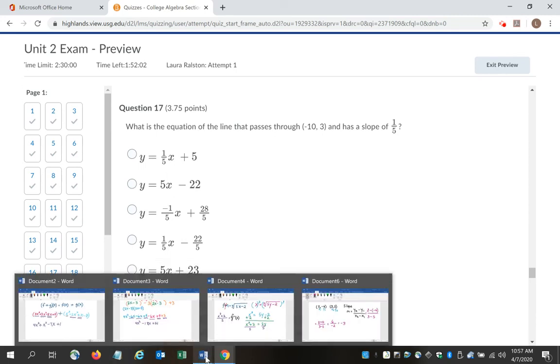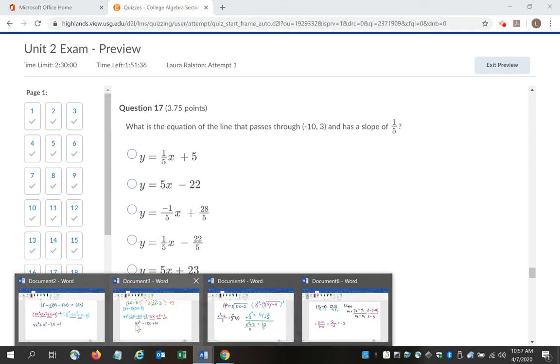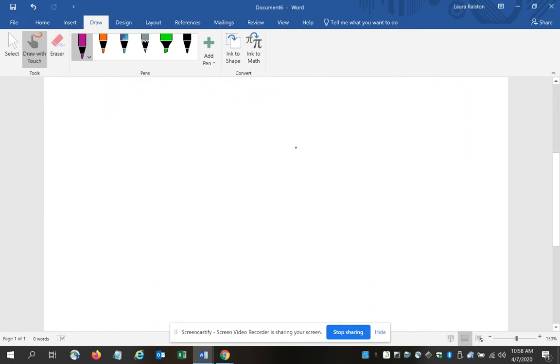And again, I mentioned last Wednesday that I hoped what would trigger in your mind when you saw that phrase is that you had to know the slope, a point, and you had to use the point slope form. So in this problem for 17, I'm given the slope and a point.